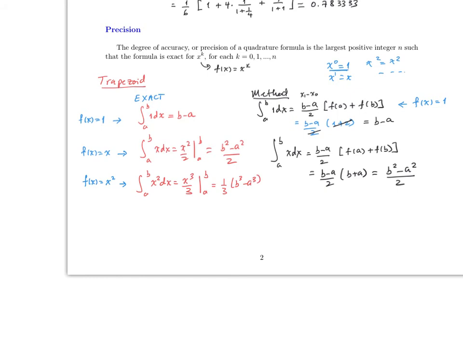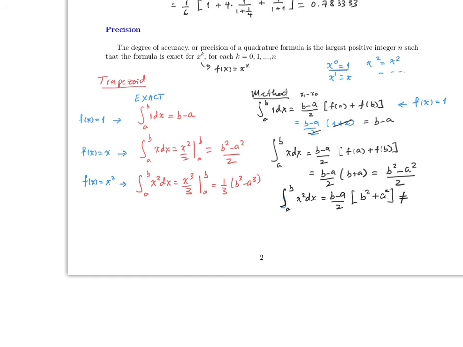However, if you do the method, the integral from a to b of x squared dx is still going to be b minus a over 2, but now times b squared plus a squared.